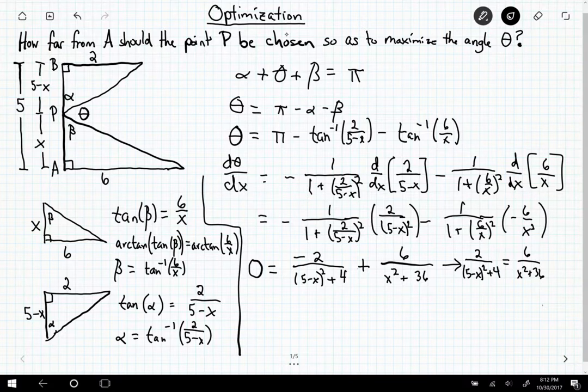Okay? So now what do we do to try and solve this thing? It might look nasty, but if you just do a quick cross multiply, you'll get 2 times (x squared plus 36), if that's done correctly, equals, what do we have here? 6 times the quantity (5 minus x) squared, plus 4.